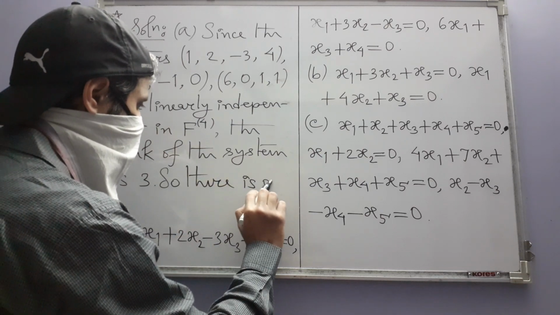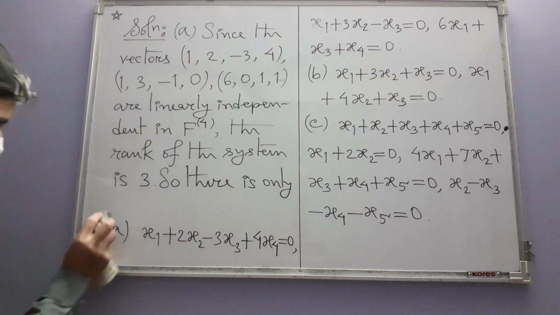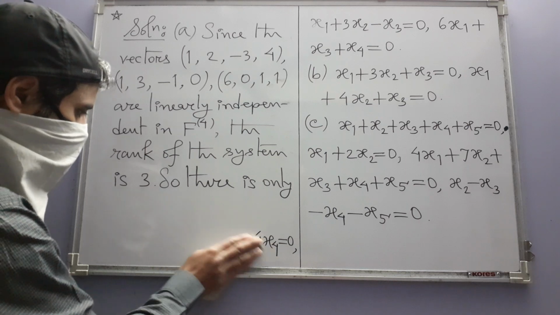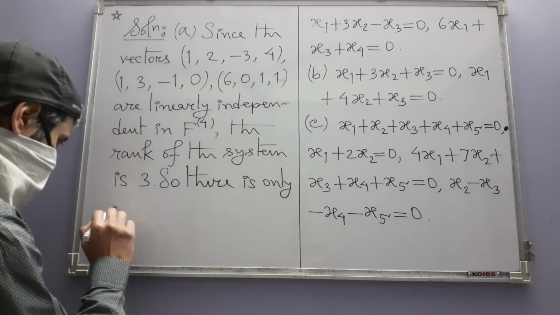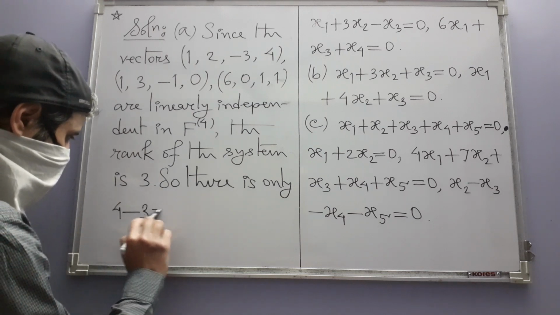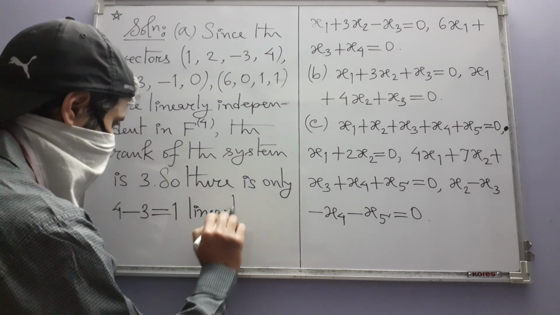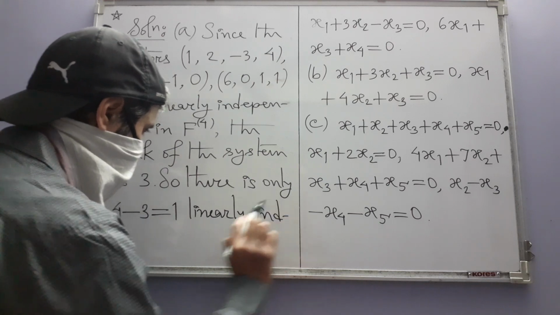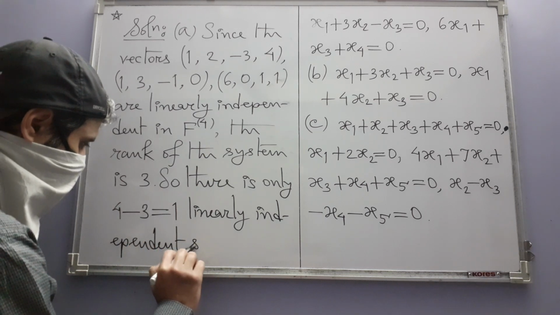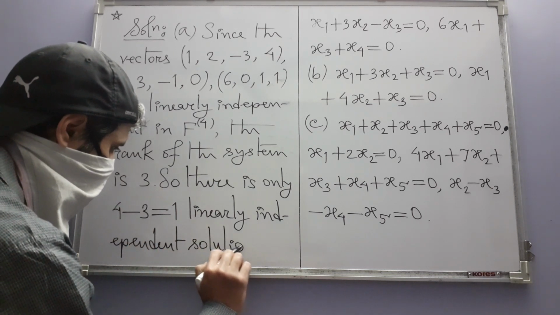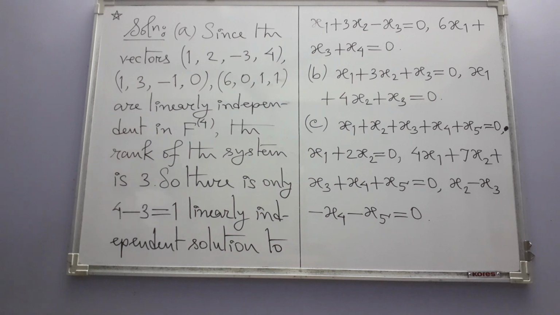So there is only 4 minus 3, equal to 1, linearly independent solution to the given system.